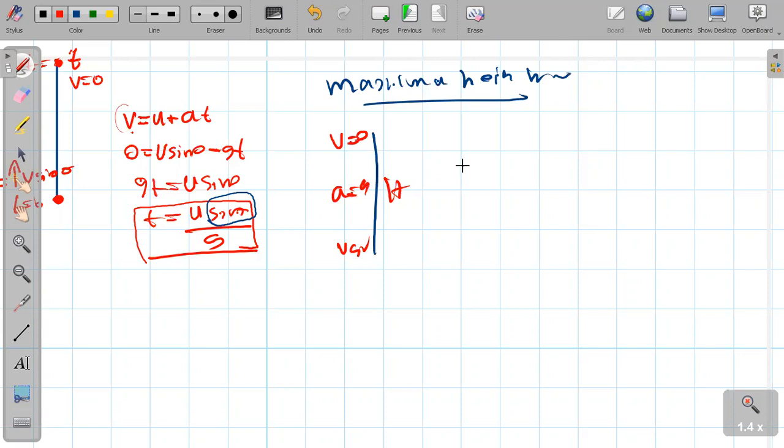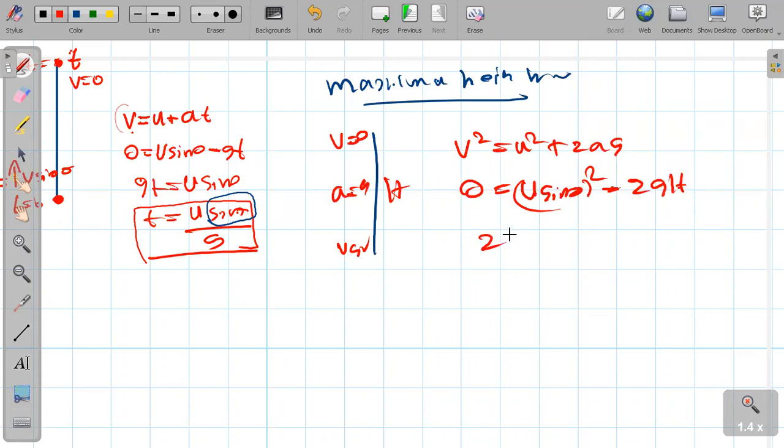The height is asked, so you can apply v squared equals u squared plus 2as. 0 equals (u sin theta) squared minus 2gh.